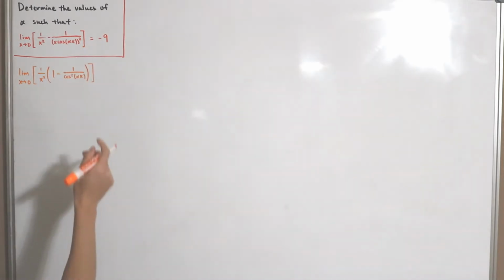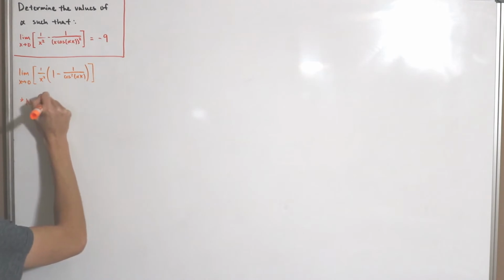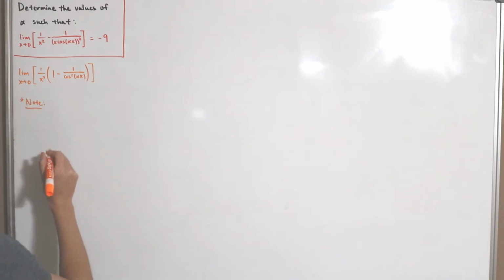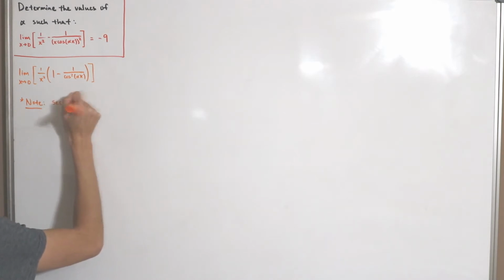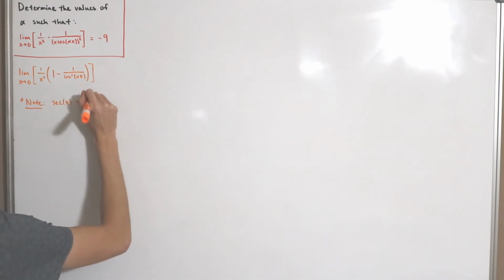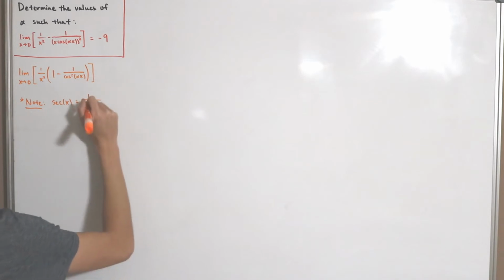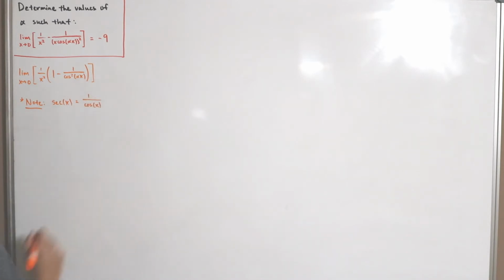Now let's note something. Let's note that secant squared x, so we'll be using some trig identities here. We know that secant x is the reciprocal of the cosine function. So secant x squared is equal to 1 divided by cosine squared x.